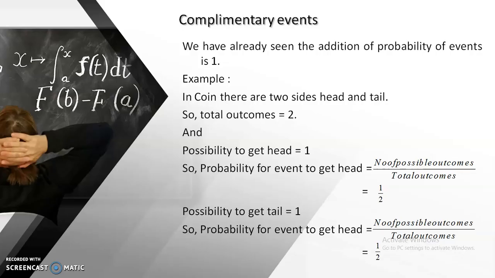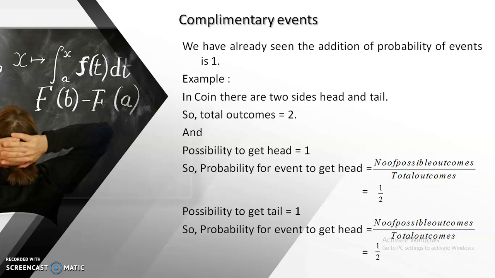It's complementary events, which is new for you. We have already seen that the sum of probabilities of events is 1. For example, in a coin there are two sides, head and tail.